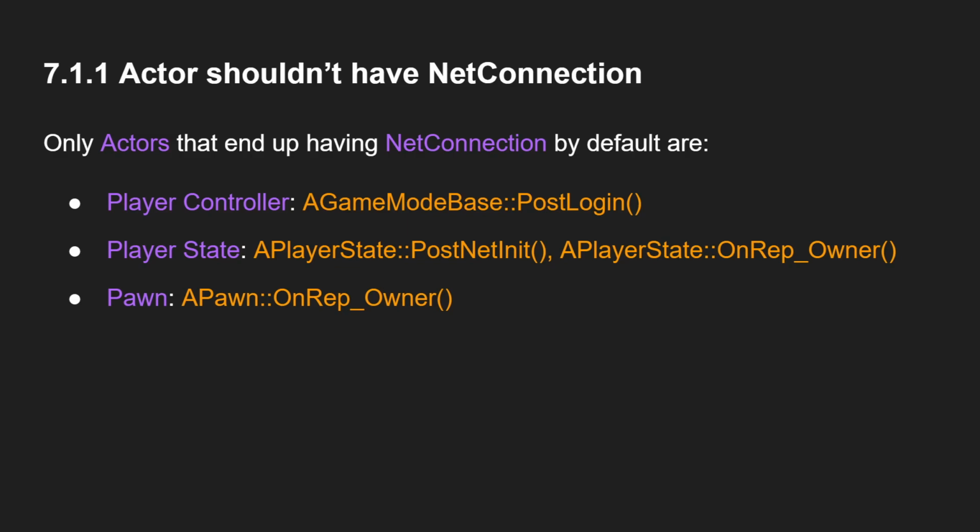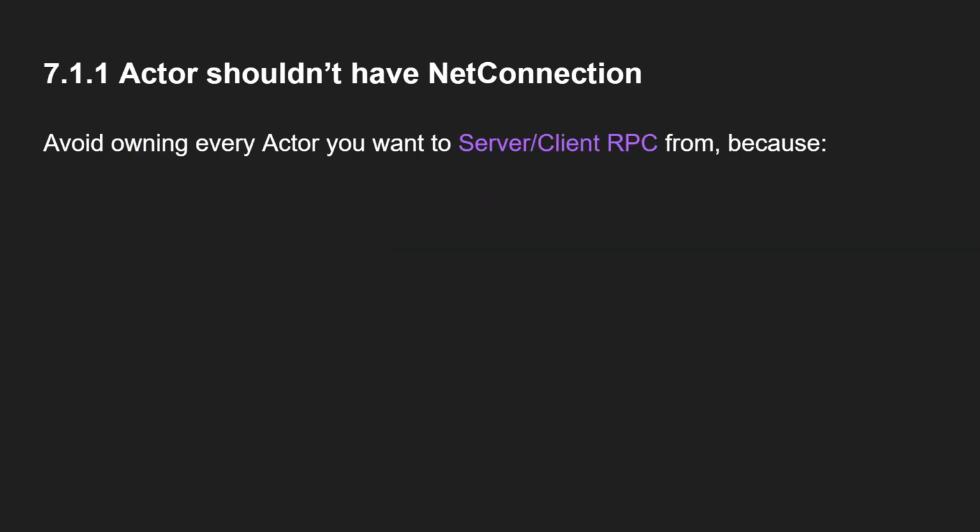Considering that player state and pawn are owned by a player controller at specific points in time, they will have a net connection, but again, only at specific points in time. So I've put here the functions where you are guaranteed to have a net connection on these actors client side, from which you can start server RPCing from these actors.